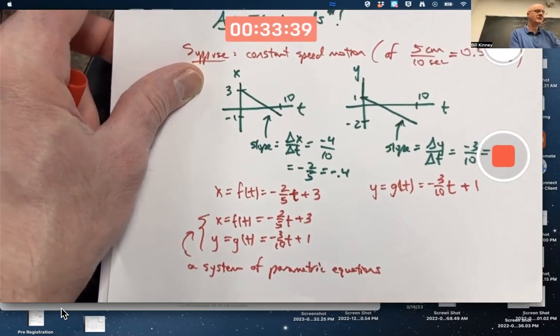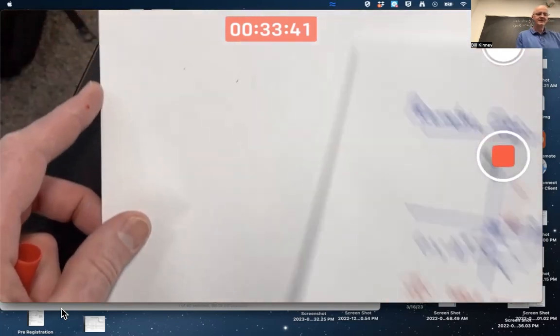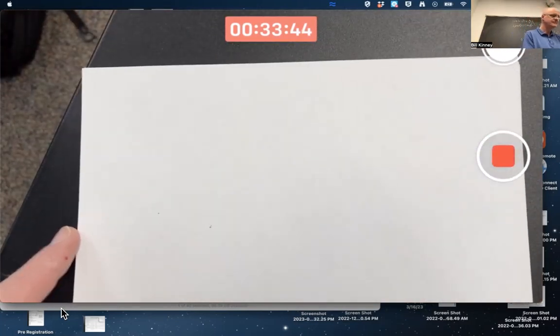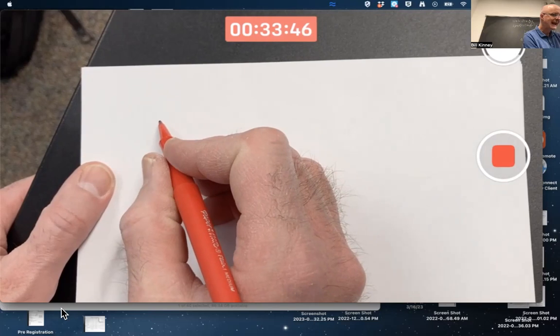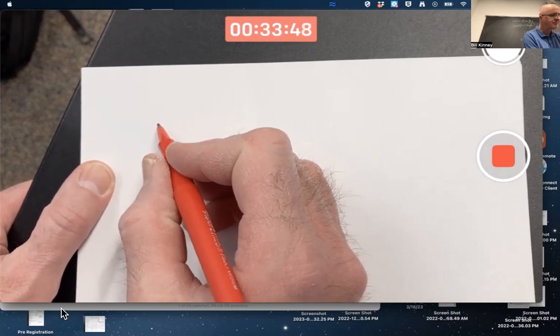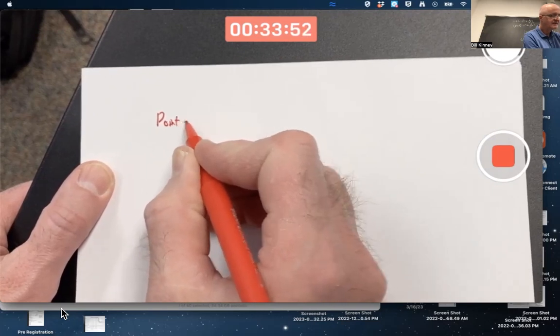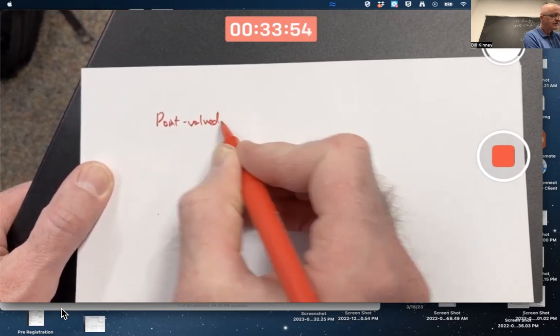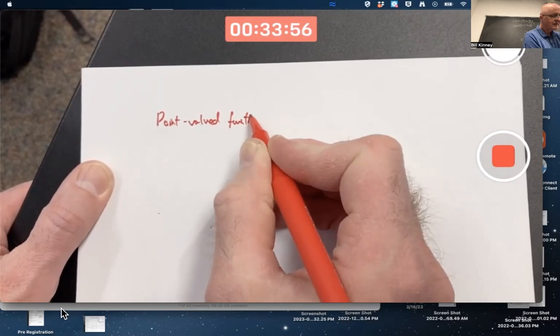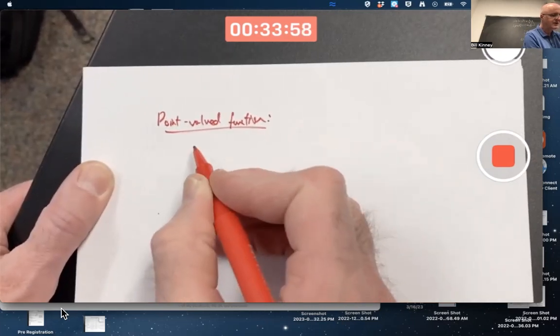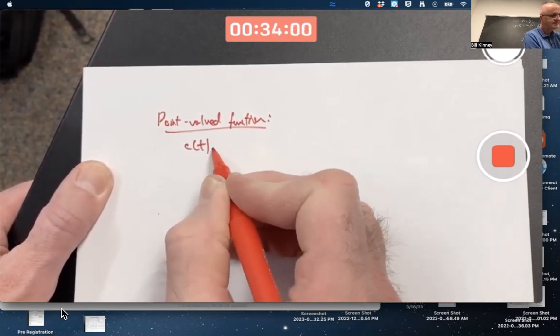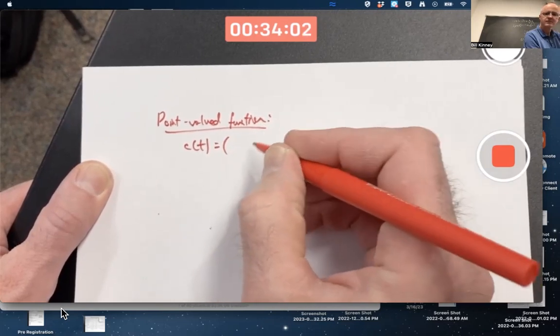It's also important to realize some other perspectives on this. We can represent it as what you could call a point-valued function. I typically call these point-valued functions C of t. Why? I don't remember.